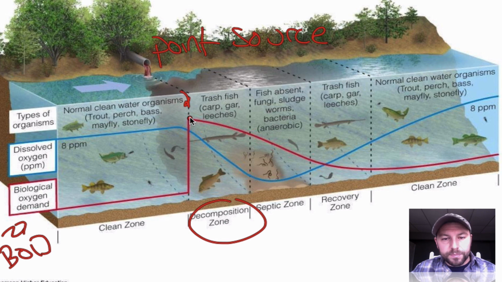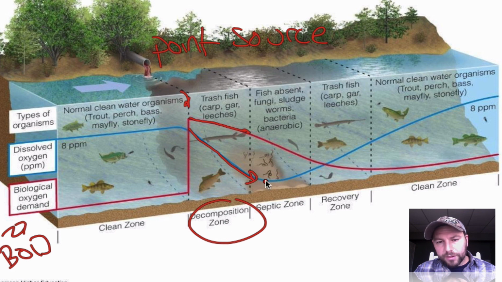Now, as their activity increases or keeps going, your oxygen levels are dropping. And basically, what ends up happening is as we get farther and farther away, this gets diluted, and some of the stuff in the water will actually get broken down. Their activity decreases.